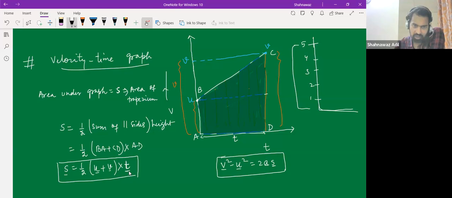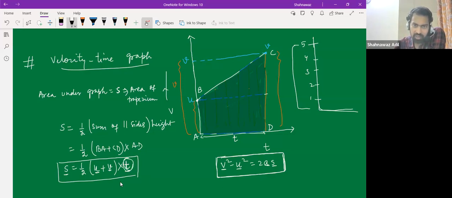Yes. So in this equation, let us compare. We have to reach here, and in this formula, we have V, we have U, we have A, and we have S. But let us compare this with this. So in this formula, we have S, we have U, we have V, we have T. Do we have T in this equation? No, sir. So we have to get rid of this, right?